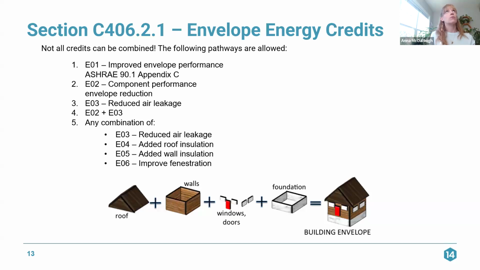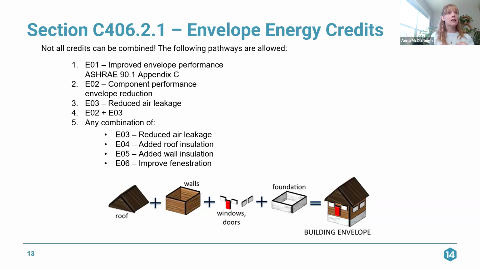And as we get through these credits, you will have a better understanding of why they can or cannot be combined. So credit E01 is improved envelope performance, and this is through a modeling program, but we'll talk through that. That credit cannot be combined with any other credits. E02 is the component performance envelope reduction.